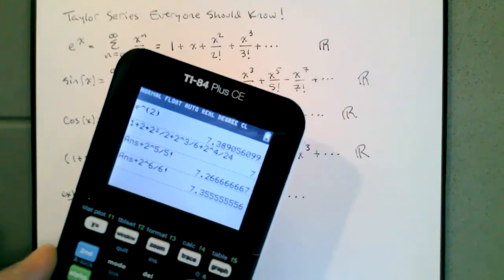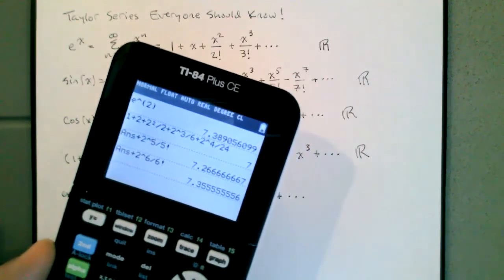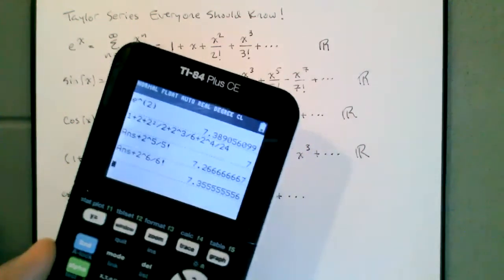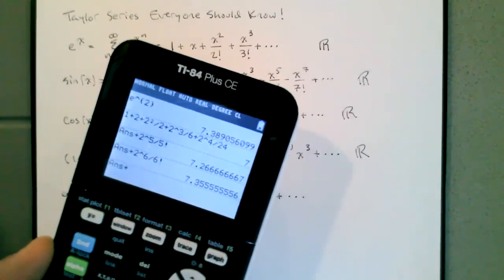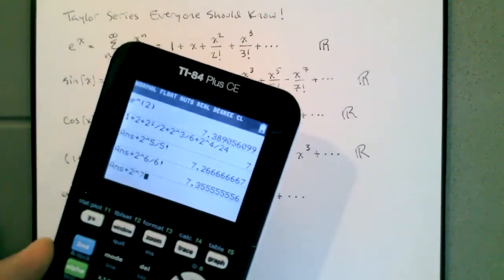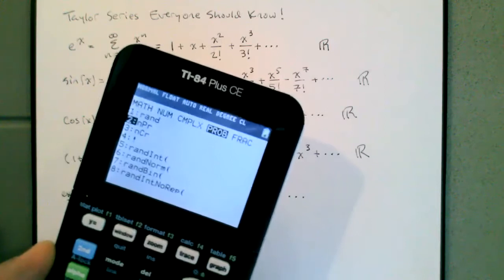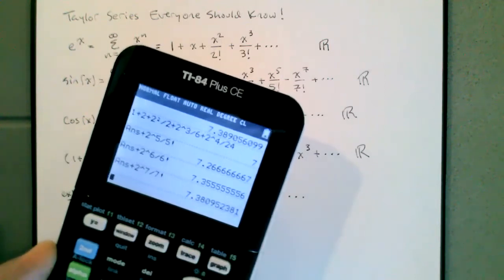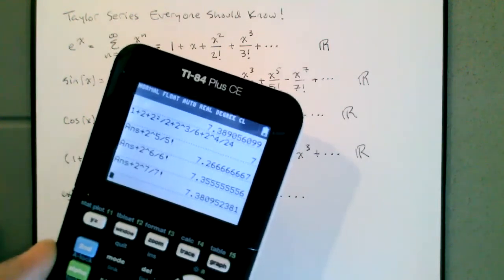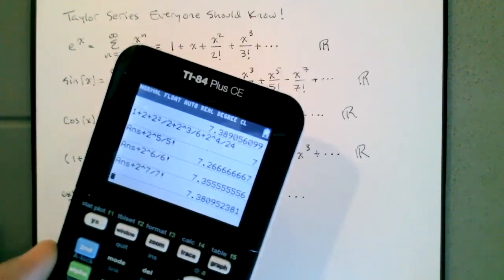We can see that even after only 6 terms, we're already at the nearest tenth. So let's watch 2 to the 7th over 7 factorial. We're almost to the nearest hundredth, and we're only 7 terms in.